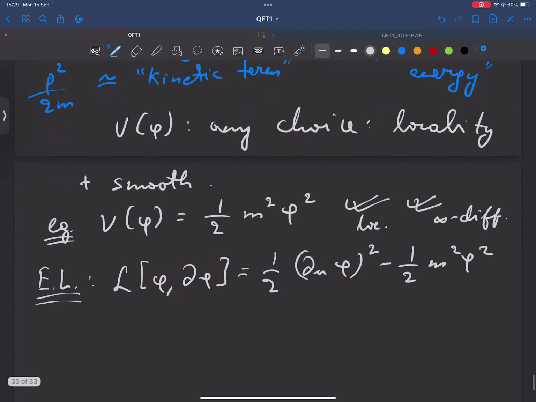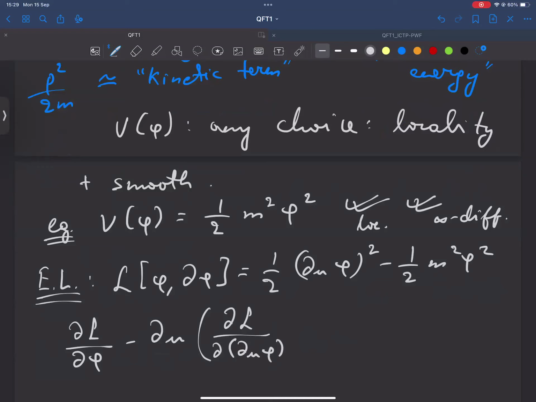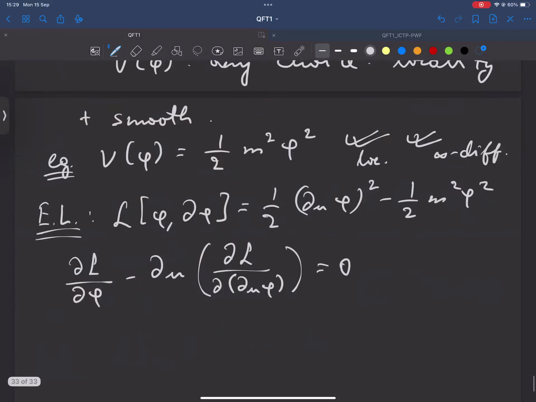Actually, let's not do this as an exercise. Let me do this here to show you how it works. So what was the Euler-Lagrange equation? In this case, this reduces to this because we just have one scalar field, so we can drop the A index altogether.